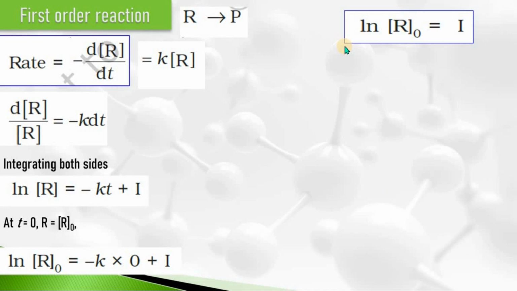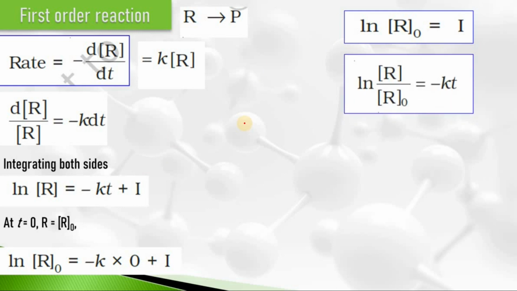All the calculations which I did by hand have been printed here. So it is good to have a look at those calculations. Once we substitute the value of I in the equation, we get a new equation which can be rearranged to this form.